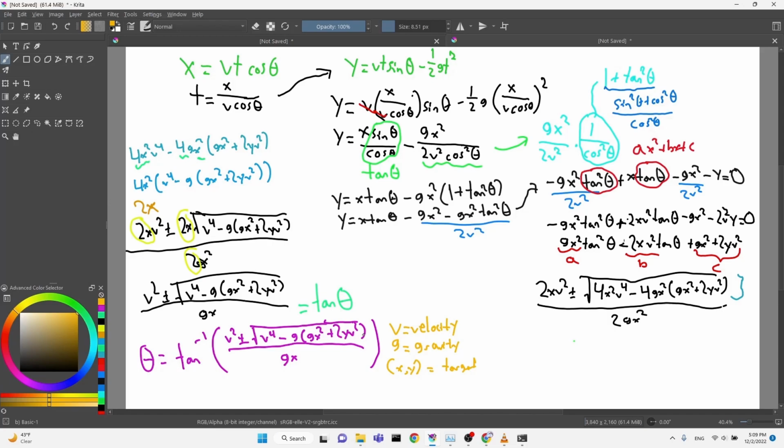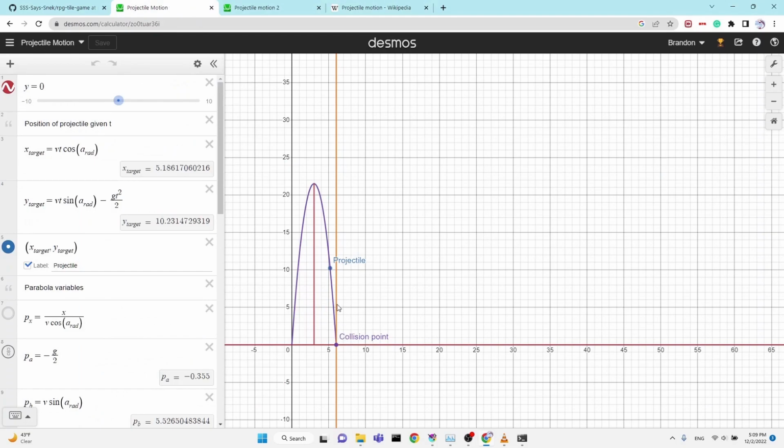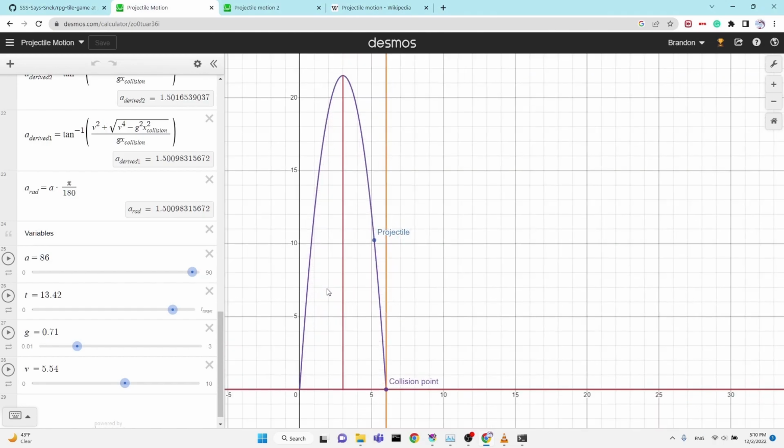Now, at school, I made some Desmos graphs, link in the description, that can help you visualize how you actually do this. The first one is a graph that shows you the trajectory of the projectile given the angle. Let's say our velocity is maybe 5.54, g is 0.71, and let's change our angle.